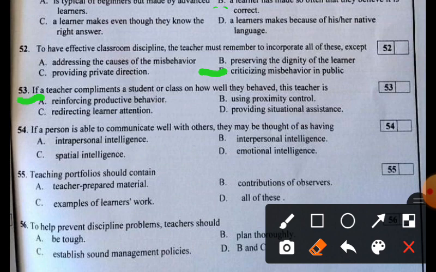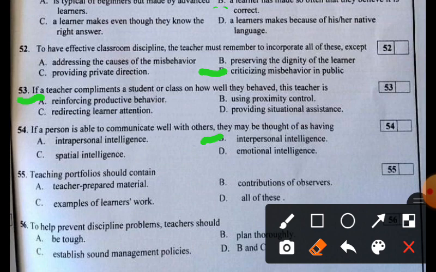So here A is the right answer. This is a communication mode. We have three communication modes, which are interpretive, presentational, and interpersonal. So when you know how to talk with others, that is interpersonal intelligence.